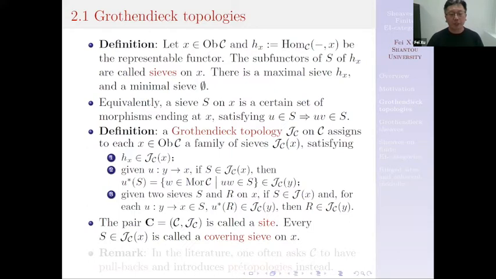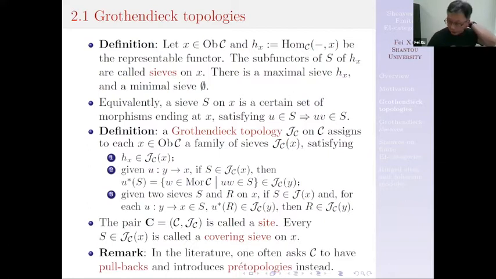Anyway, you will see some examples. On this category C, when you introduce a Grothendieck topology, I'm going to call the pair a site, and every sieve in this topology will be called a covering sieve. I have to warn you that it's slightly different from what you might have seen elsewhere.